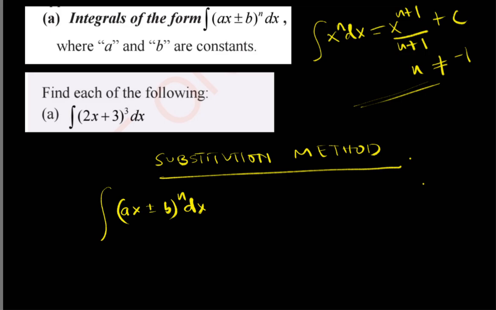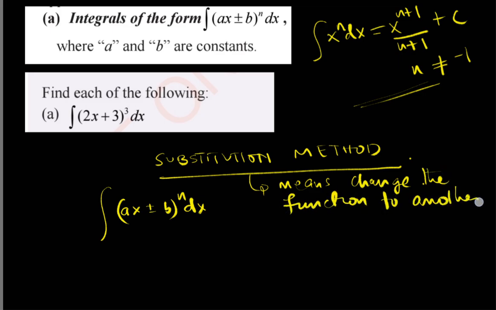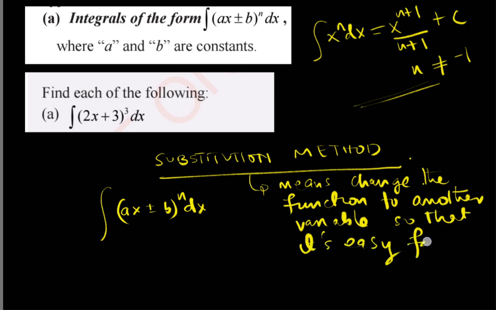If you have this kind of function, this is where we can use the substitution method. Substitution means you are going to change the function to another variable, so that it's easy for you to integrate.